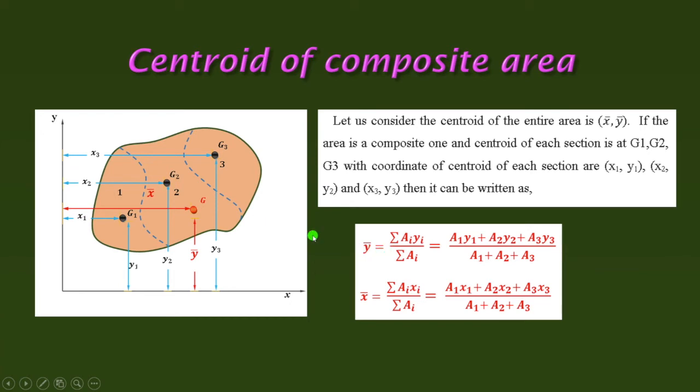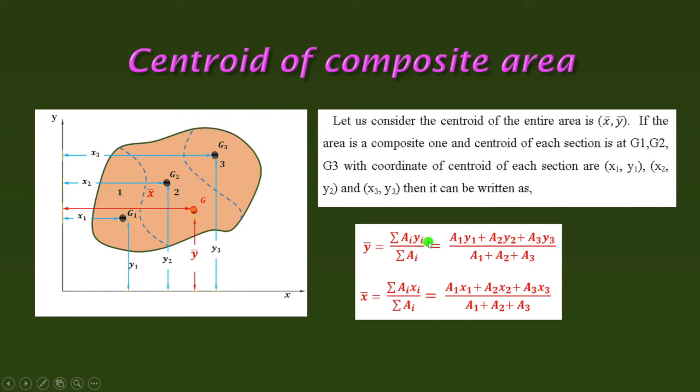I have already told you the formula to find the coordinate: y bar equals integration of y dA divided by integration of area. But in case of this type of composite section, instead of integration, we will use the summation method: summation of ai yi. Here i indicates the ith section, so i varies from 1 to 3. i equals 1 means section 1, i equals 2 means section 2, i equals 3 means this.